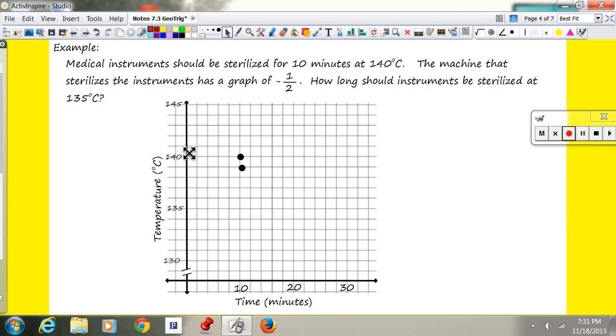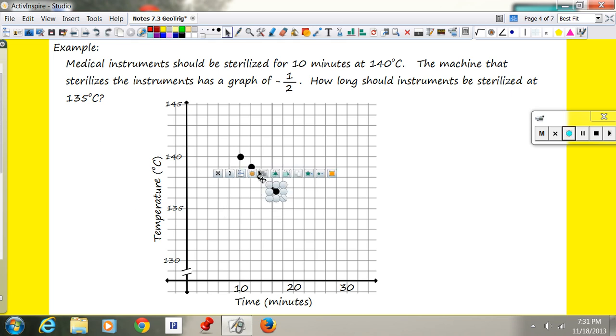You go over 2, so that would be 2 right there. That's 2 minutes. So down 1 over 2. So if we went down 1 again, and we went over 2, it would be right there. Down 1 over 2.